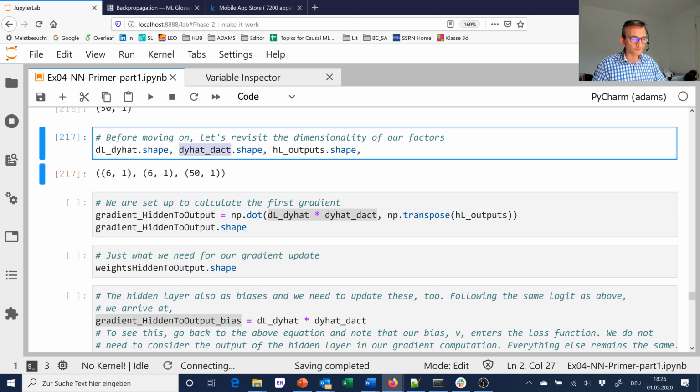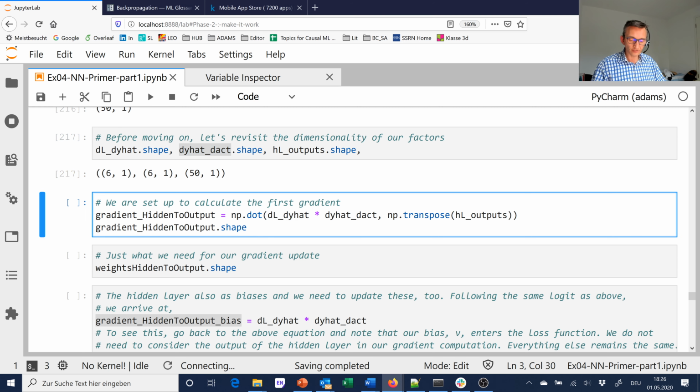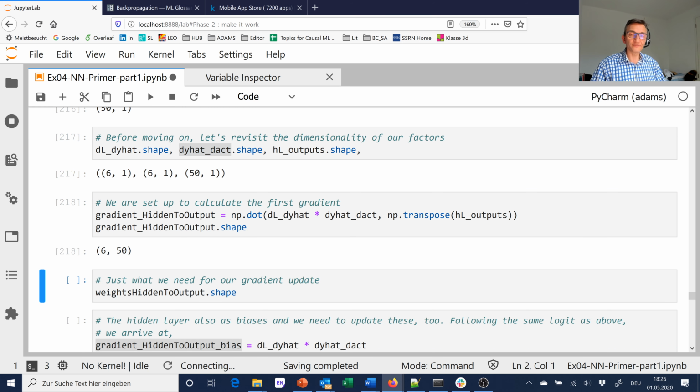And when we calculate the dot product, we transpose our hidden layer outputs to have 1 by 50, and then everything works out, and our partial derivative is of dimension 6 by 50, which, if you think about it, is brilliant, because that is what we need. It's the same dimensionality as our hidden to output weight matrix.